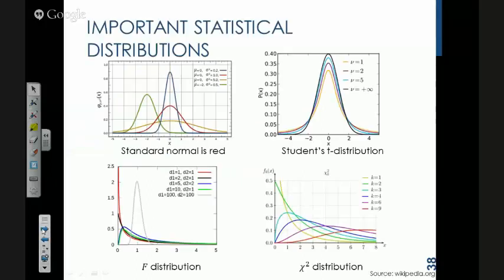So these are some important distributions. Today we have only looked at the normal distribution, the standard normal, this one right here in the middle of the first graph. A lot of you referenced that you might in the future use a t-test, an independent or a dependent t-test.